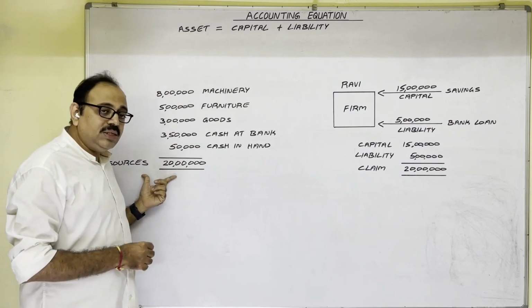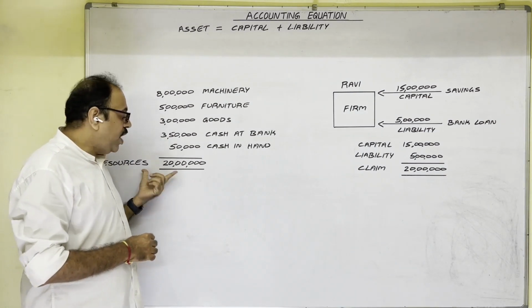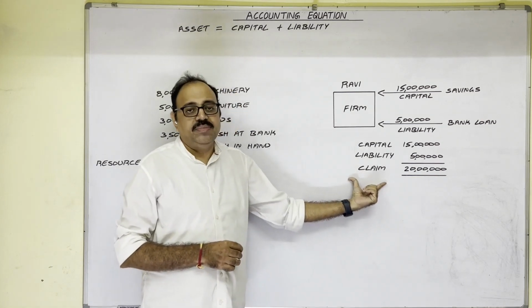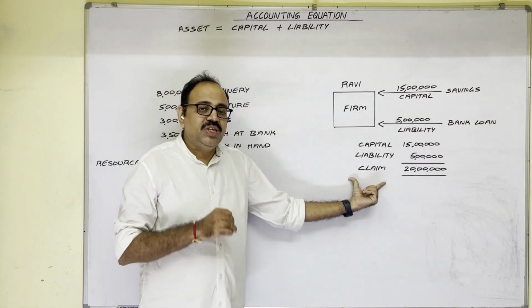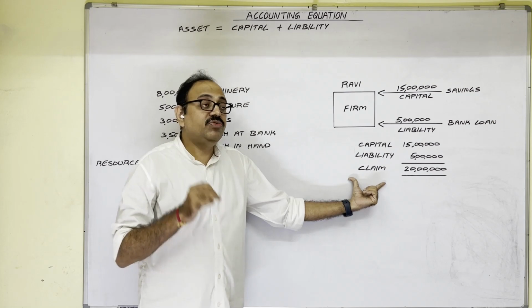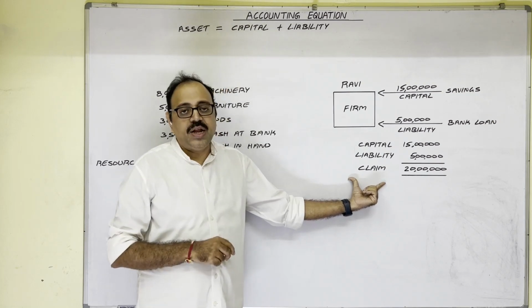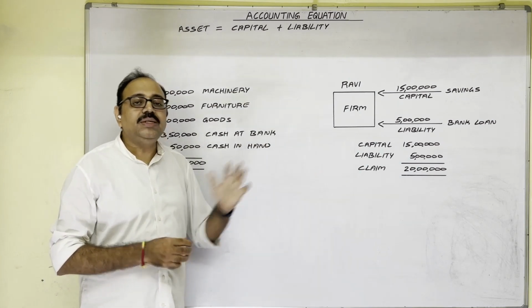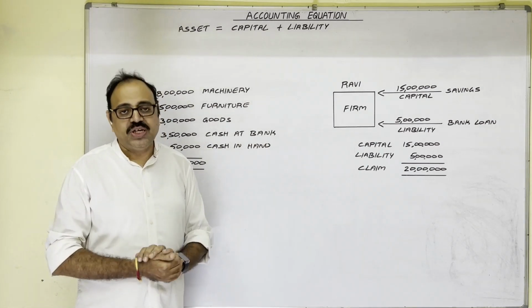So the resources, assets, and to acquire these assets, the claims which we created, the responsibilities which we have, the amounts which we have to pay to creditors. So the assets and the claims both will be the same. So this is the accounting equation concept.